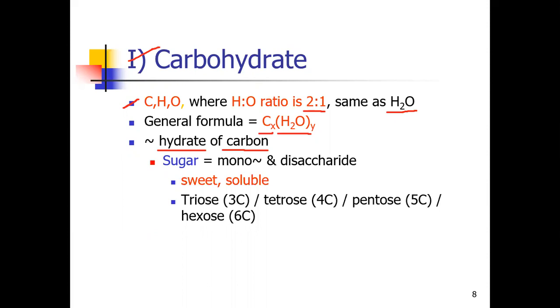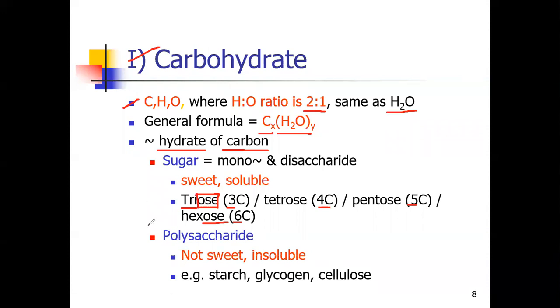For example, the sugars are triose. Triose means a 3-carbon sugar. All sugars have the suffix ending with -ose. So the suffix for sugar is always -ose. So you've got triose meaning 3-carbon sugar, tetrose meaning 4-carbon, pentose meaning 5-carbon, and hexose meaning 6-carbon sugar.